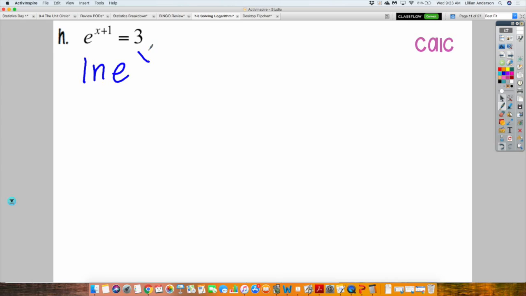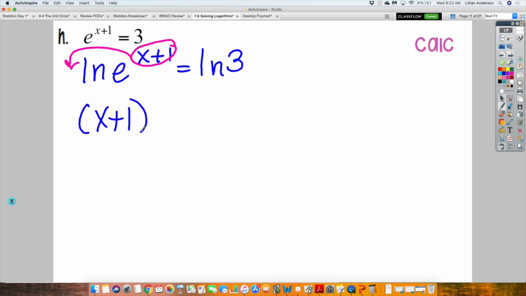So this becomes ln e^(x+1) equals ln 3. Well, not yet. I have an exponent. What happens to that exponent? It gets moved to the front, that entire expression. So this is really (x+1) ln e equals ln 3.